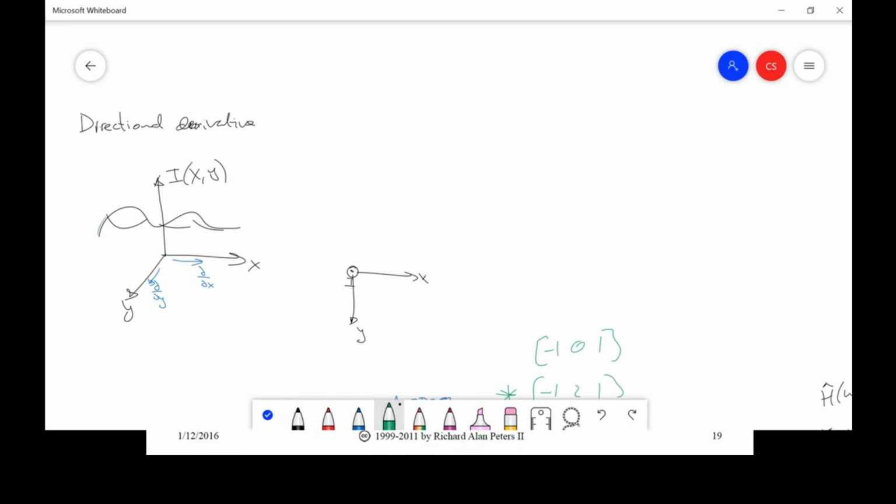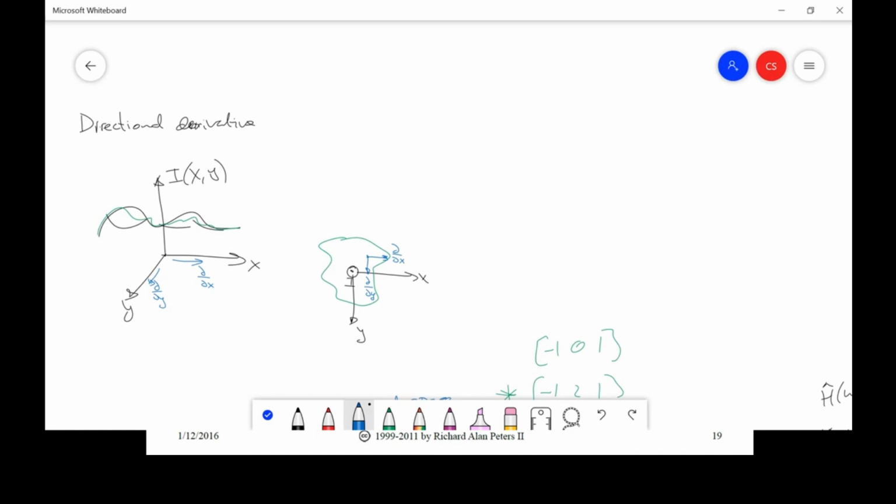So let's say that our image looks like this. This is our image. And what we know is how to compute derivatives in this direction. So you are in any point, you know how to compute derivatives in that direction and in this direction. But actually, by calculus, you know that if you have a function like this, you can compute derivatives in any other direction.